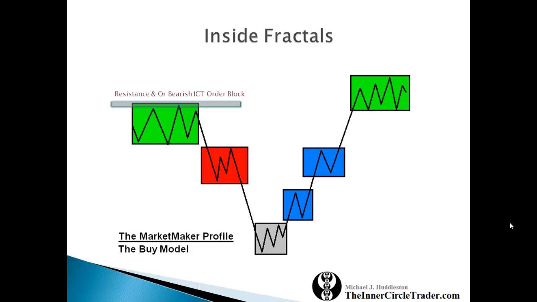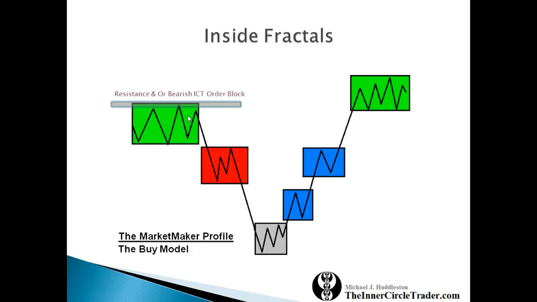It could be just a higher time frame bearish ICT order block. I'll leave that to you, because again, this fractal takes shape by way of first finding an area where we would anticipate an inability to go higher, and we see that with this consolidation.